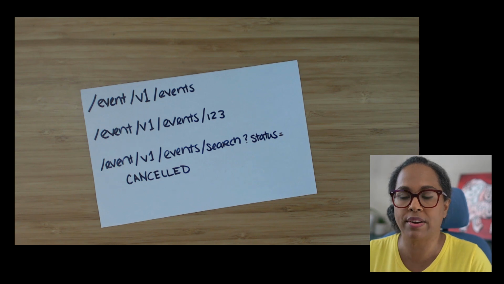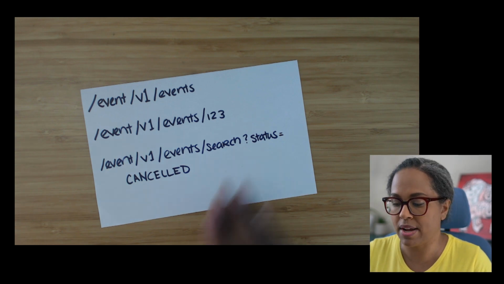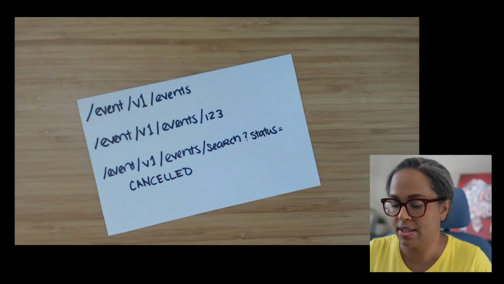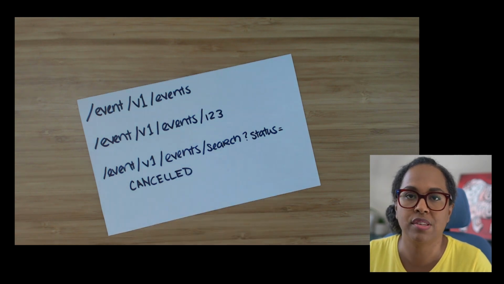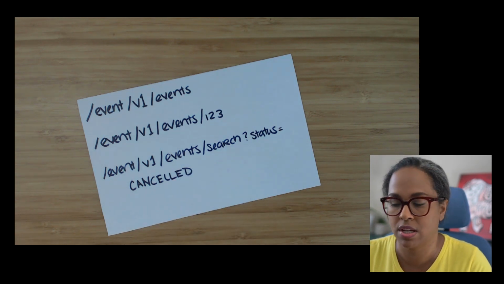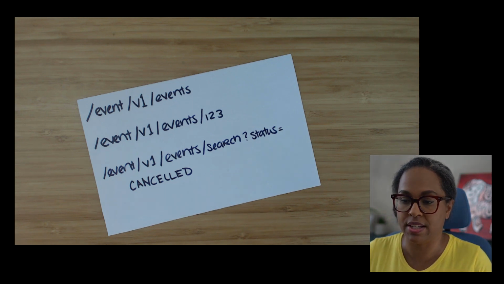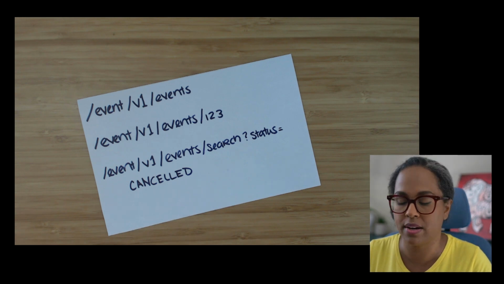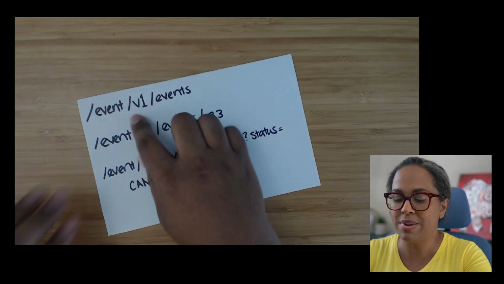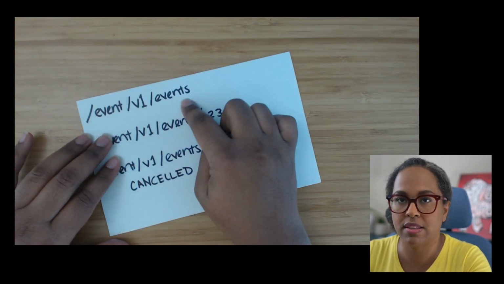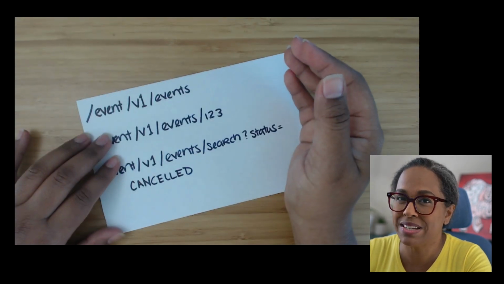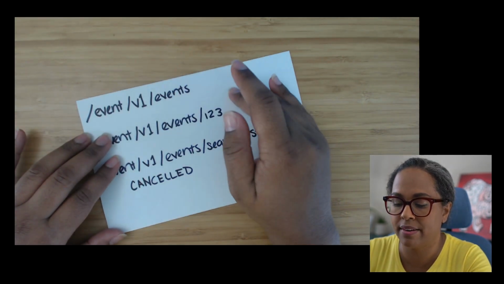Or we might query by a specific ID. And then the other one is we might have to do some sort of fancy searching. So when comparing NoSQL versus SQL, and especially DynamoDB is what comes to mind, doing this event/v1 events and having it return all events, that's pretty expensive because that's a scan.